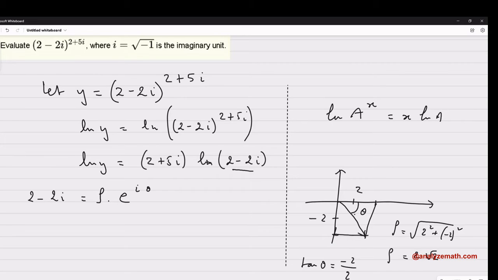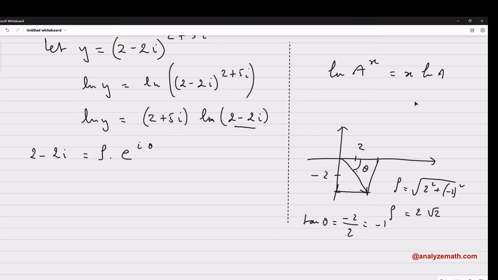That gives me -1, and theta is equal to arctan of -1, which is -pi over 4. So 2 minus 2i can be written as 2 square root of 2, which is the rho, e to the power of minus i pi over 4.